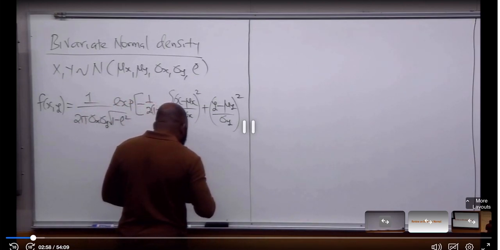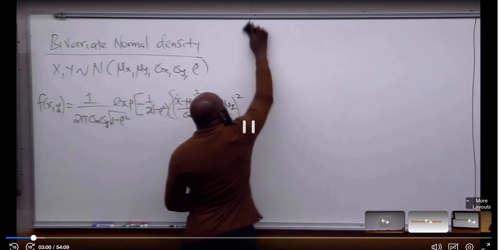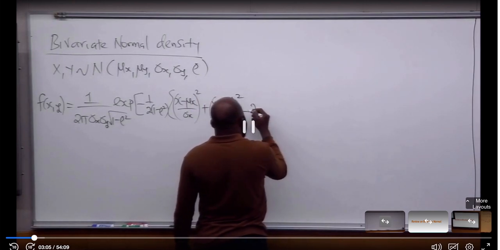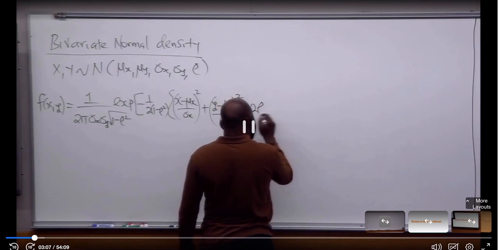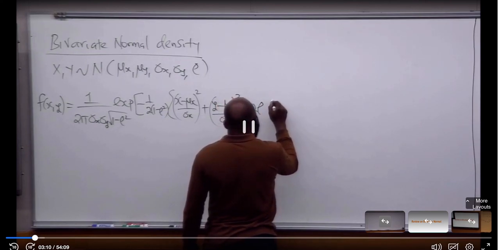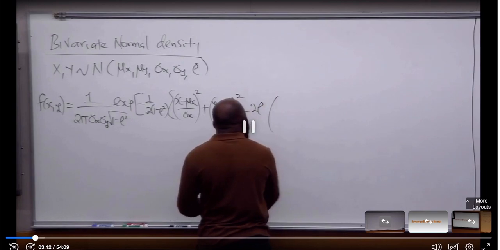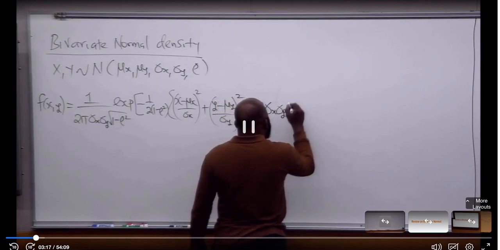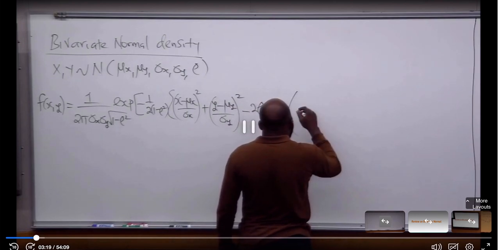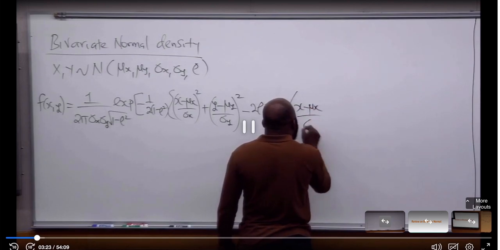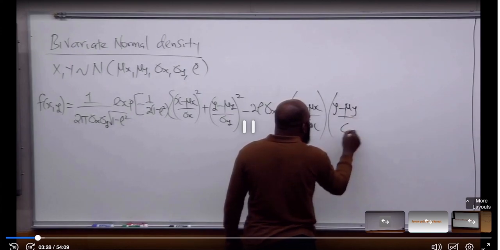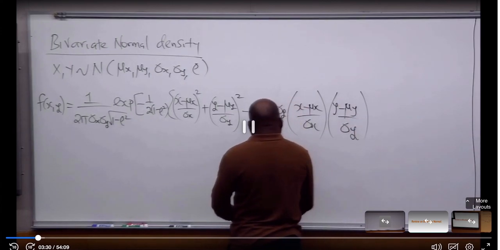let me continue, minus 2 rho times (x minus mu x divided by sigma x) times (y minus mu y divided by sigma y).